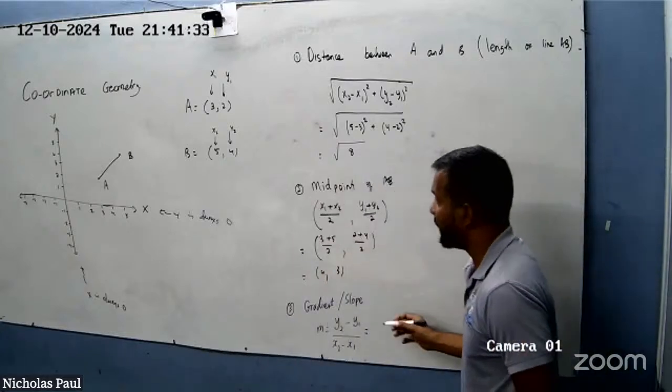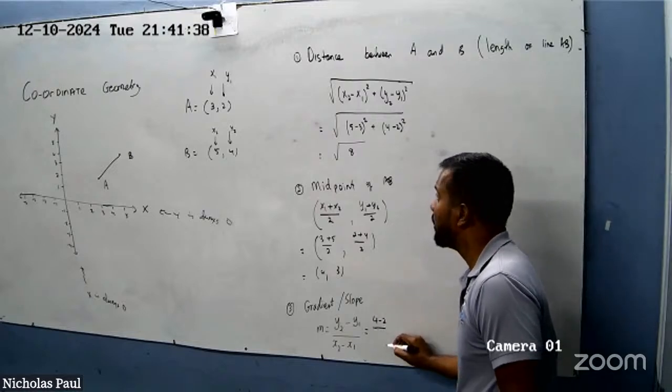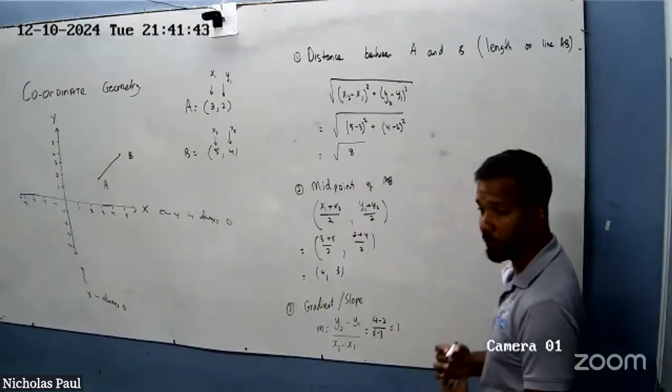So the gradient should be done. The gradient will be 4 minus 2 all over 5 minus 3, which is 1.